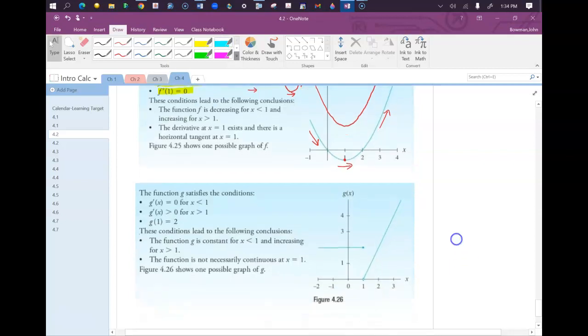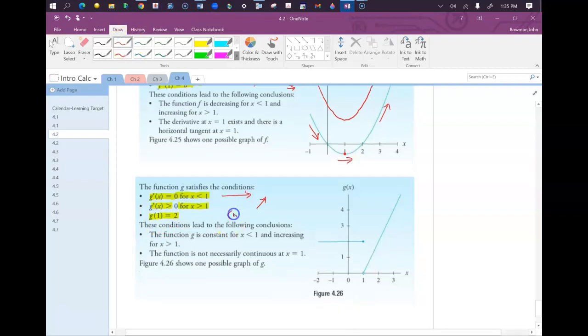In this next example, g satisfies the condition: g prime of x is equal to 0 for x less than 1. So the function is flat or horizontal. G prime of x is positive for x greater than 1, so we know that the function is increasing for x greater than 1. And g of 1 is equal to 2, so we know we go through the point (1, 2).